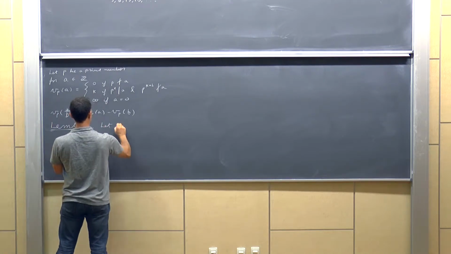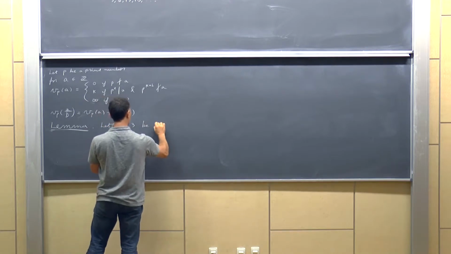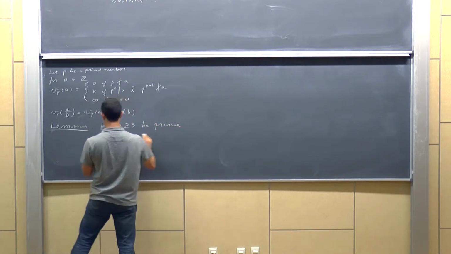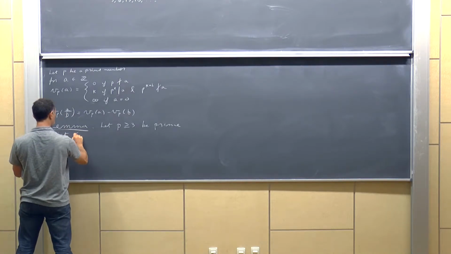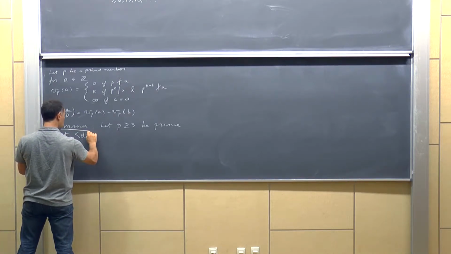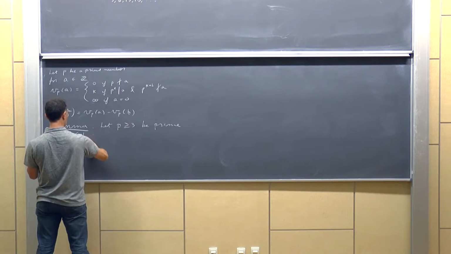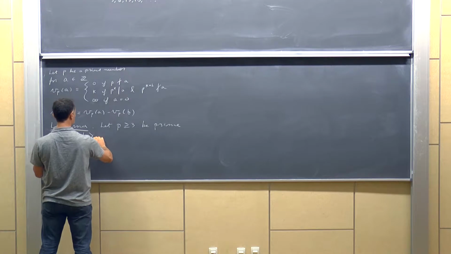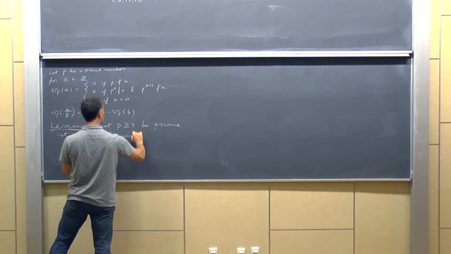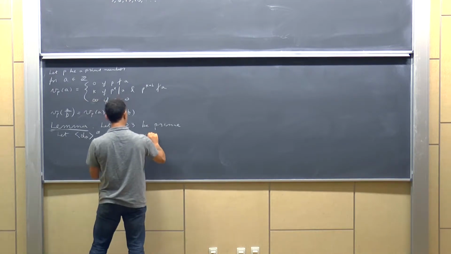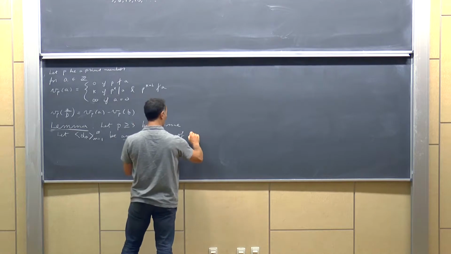So let p greater or equal to 3 be prime, and let d_n, n equals 1 to infinity, be any sequence of integers.